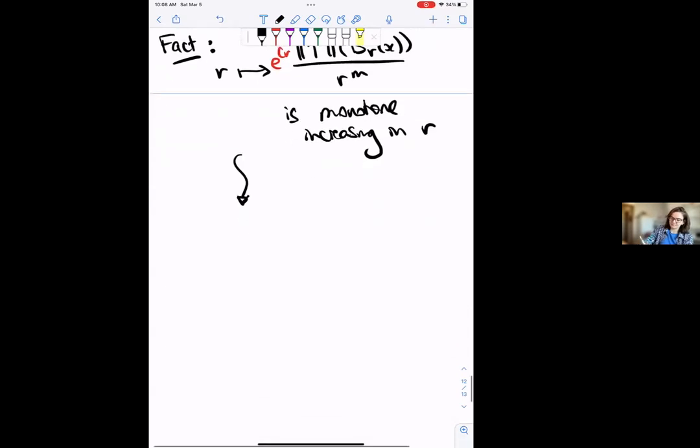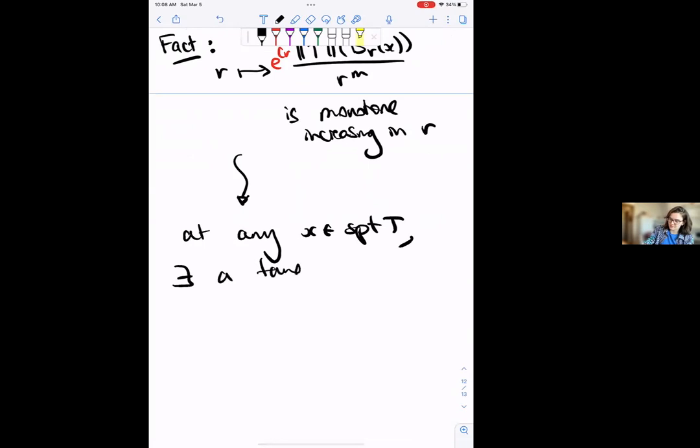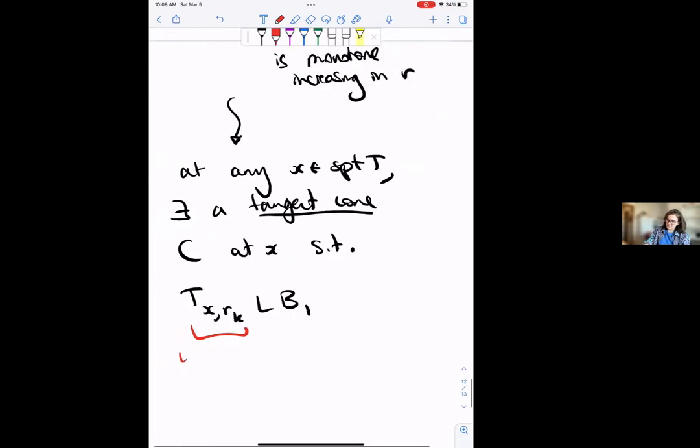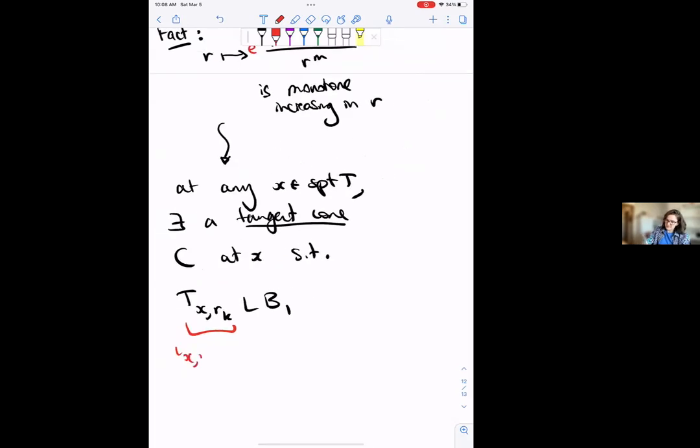So at any point in the support of the current, there exists a tangent cone C at X, such that for some sequence of blowups, where this is the push forward under the homothetic rescaling map, that's (η_X,r_k)_# T, where this map takes Y to (Y minus X) over r_k. So when you apply this, it zooms in onto a small ball around X of radius r_k and blows it up to the unit ball.